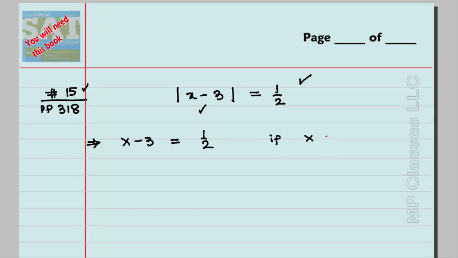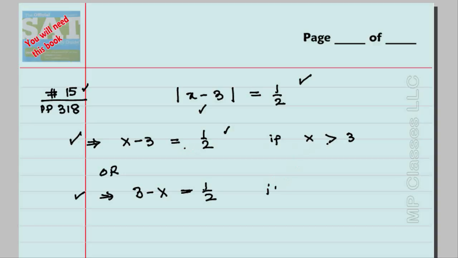If x is greater than 3, only in that case this is going to be plus 1/2, because in writing this it's already assumed that 1/2 is going to be positive, so x is greater. But suppose if it is not, then what? Then either this is one meaning, or it implies that 3 minus x is 1/2. This or is the only possibility if x is greater than 3, then this.